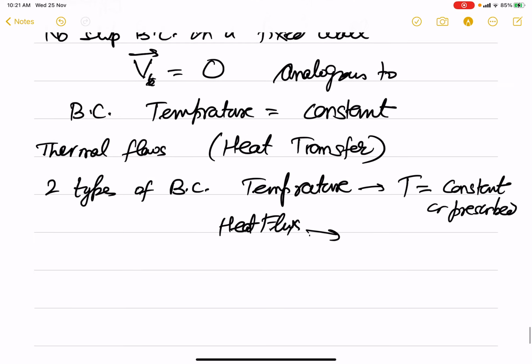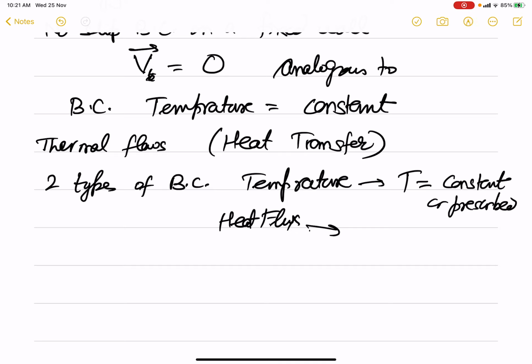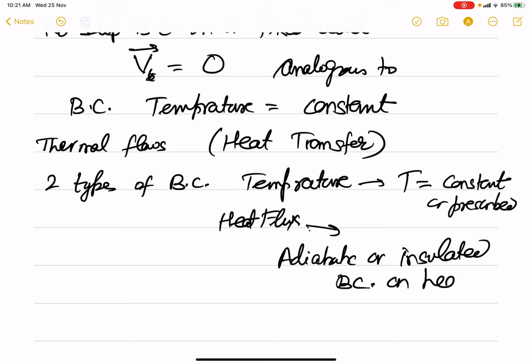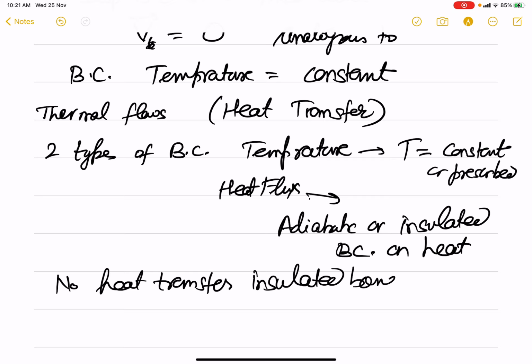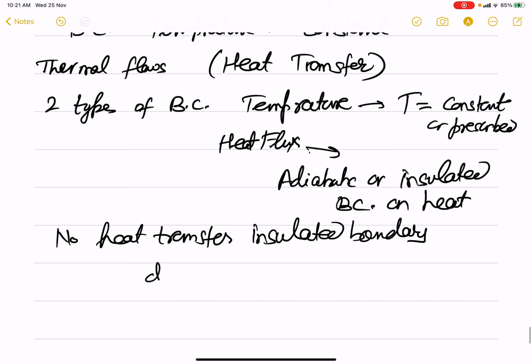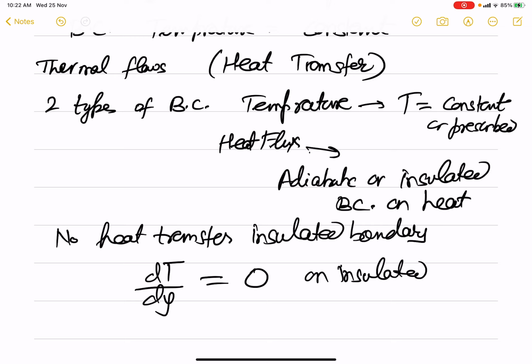On the heat flux boundary condition, one common simplification of this is what we call the adiabatic or insulated boundary condition, and that is that there is no heat transfer because there is an insulated boundary, and this leads to dT by dy is equal to 0 on the insulated boundary, because the heat flux is related to the derivative of temperature.